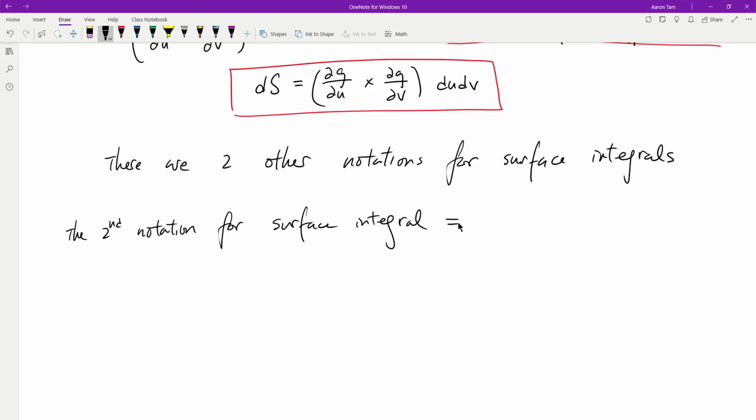It is basically the integral over the surface S of vector f dot vector n d sigma. Now, if you think about it, you already know some of these notations. Remember, this right here is a surface area differential.